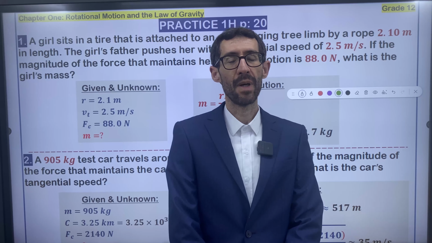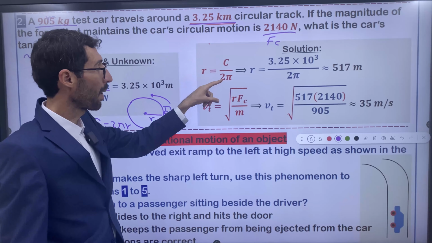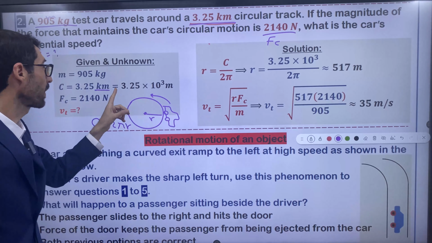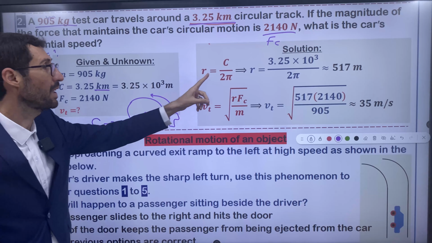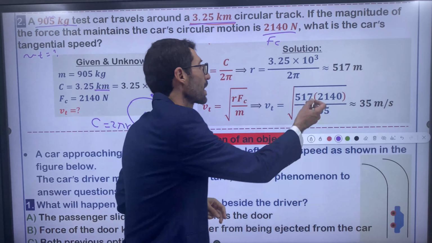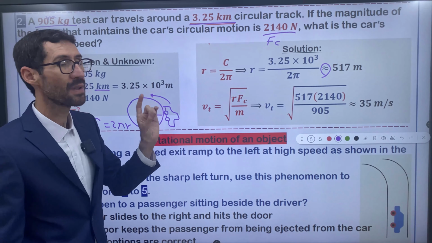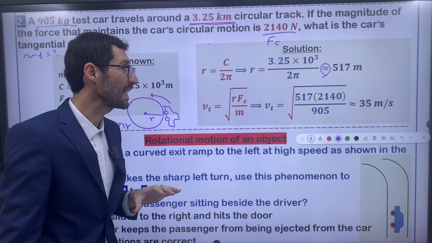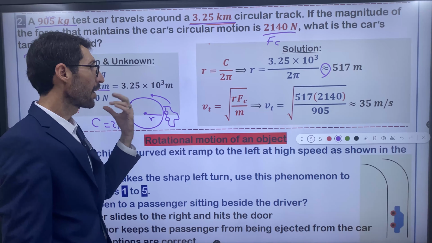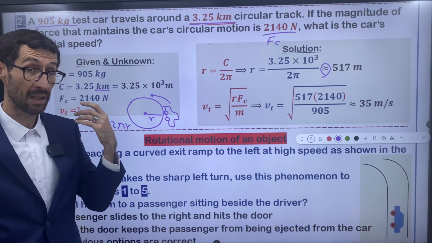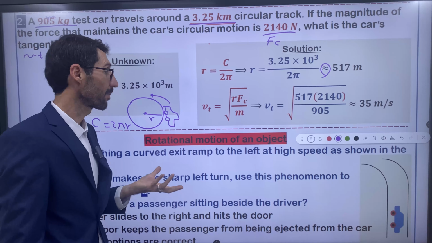Find the radius of the circle by dividing the circumference by 2 pi. 3.25 times 10 to the power 3 divided by 2 pi. Approximately, the radius becomes 517 meters.